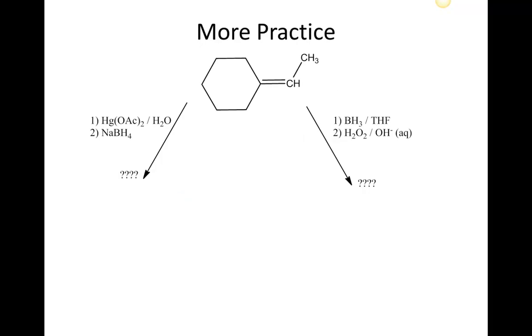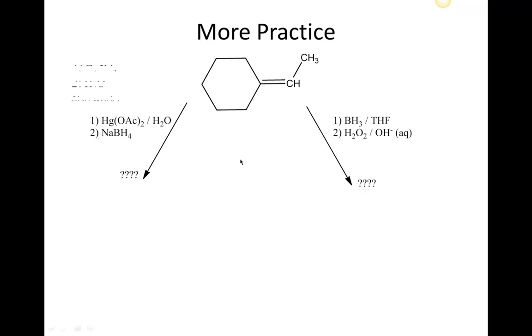So let's practice again. If we start out with this alkene, the first thing we need to recognize is that these are 2 different degrees of carbon. And once you have 2 different degrees of carbon in your alkene, then you can choose different conditions and pick which carbon is going to get the OH.